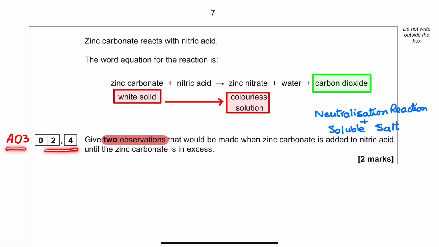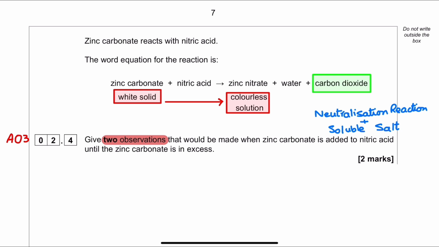2.4 is an AO3 question. Give two observations that would be made when zinc carbonate is added to nitric acid until the zinc carbonate is in excess. This question is from the topic of neutralization reaction and soluble salts. The observations are very clear.